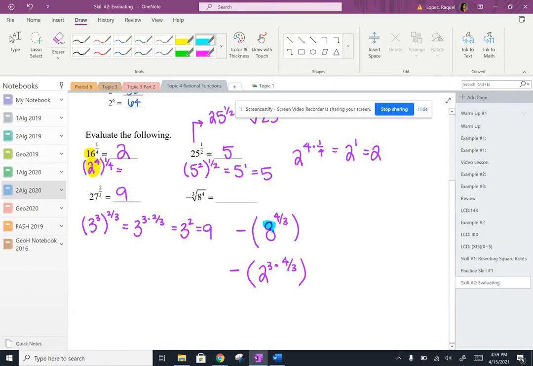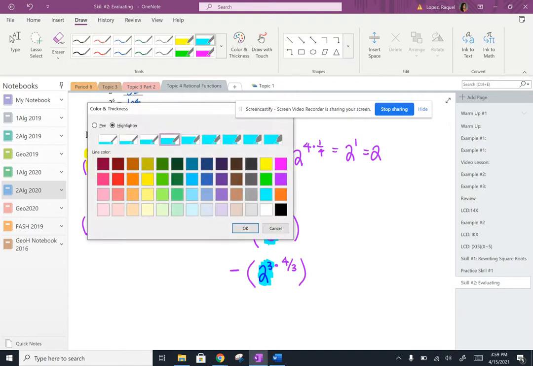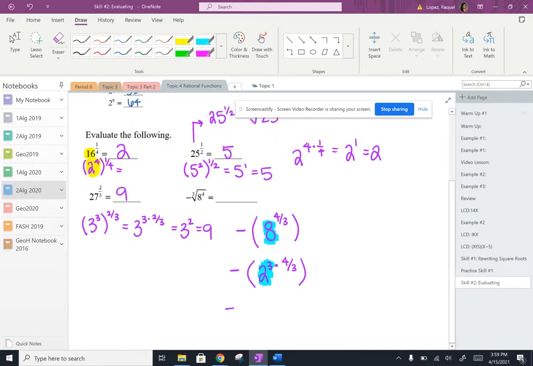Okay, now all I did was rewrite this 8. This is where that 2 cubed came from. Swap those two things out because they're equivalent. Okay, let's keep simplifying. So when I go to multiply my exponents, I'm left with 2 to the 4th power because these 3's are going to reduce to 1.